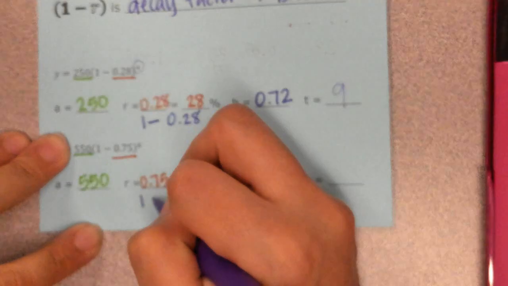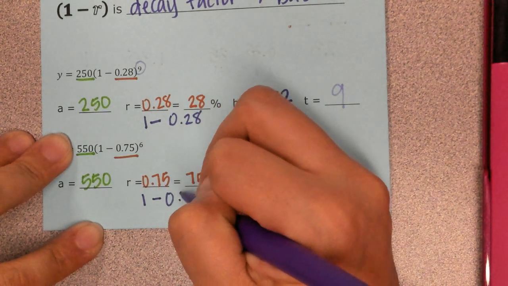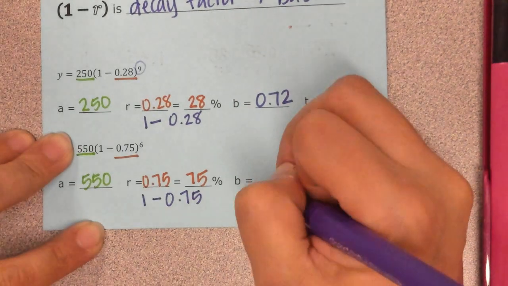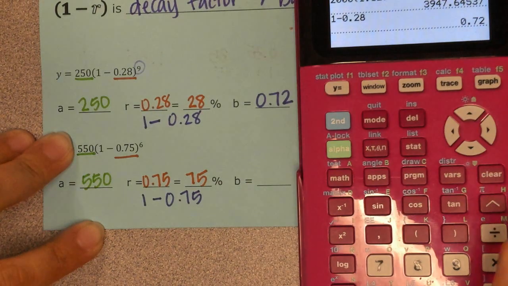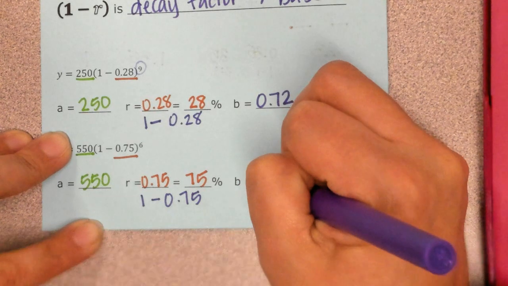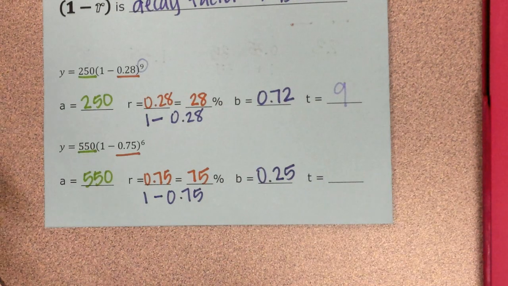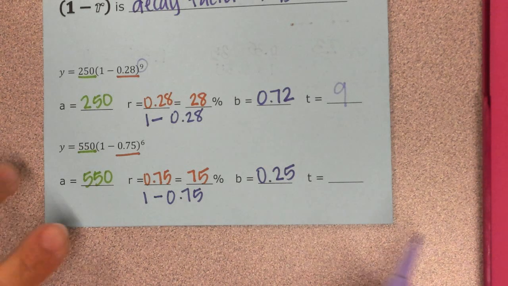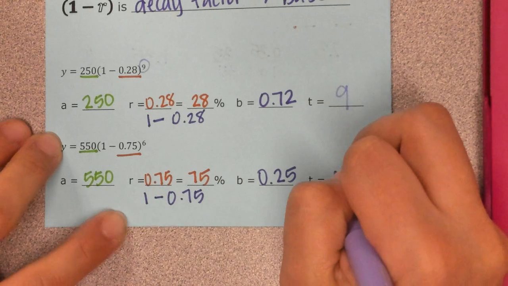To find my B, it's 1 minus 0.75, which would leave me with 0.25. And then the time frame that they're asking you to calculate this for is 6.